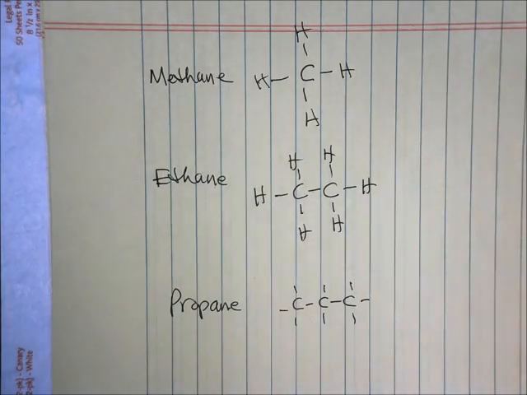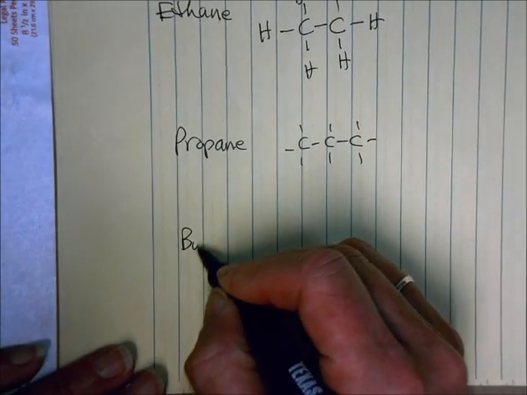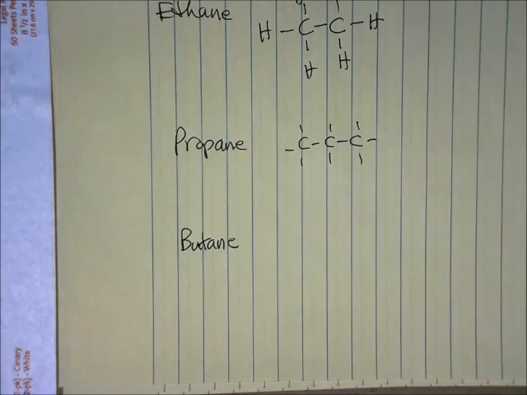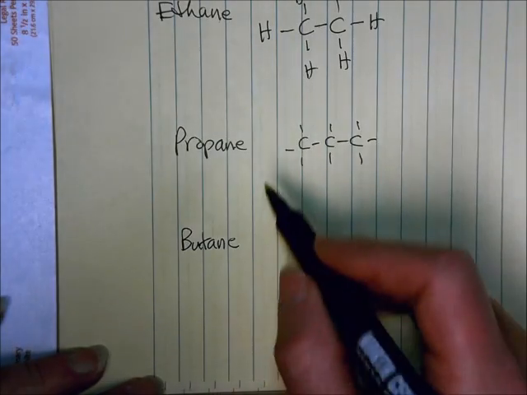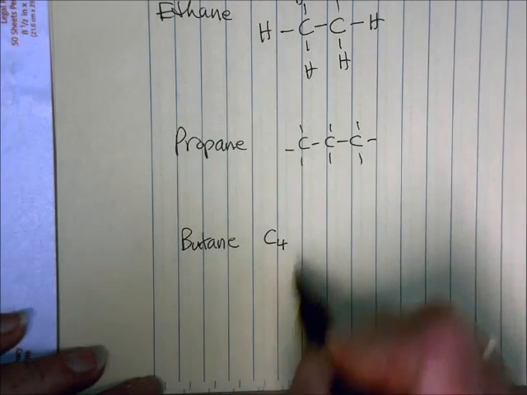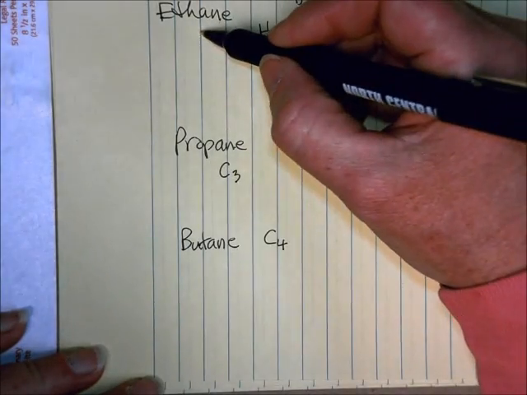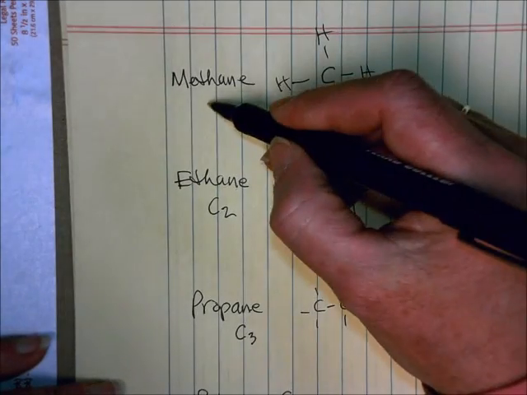When you look at butane, it shows 2 different kinds of butane. They have the same composition, but a different arrangement of molecules. Butane is represented by C4. It has 4 carbons. Of course, propane is represented by C3, ethane C2, and methane C1.